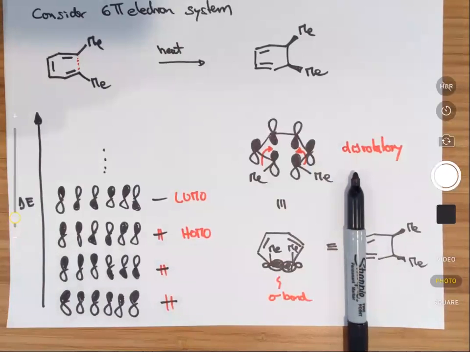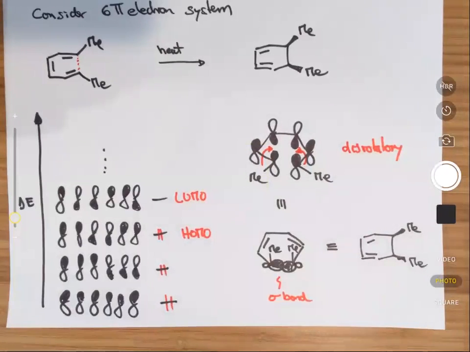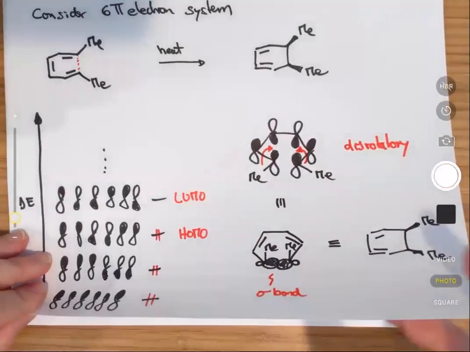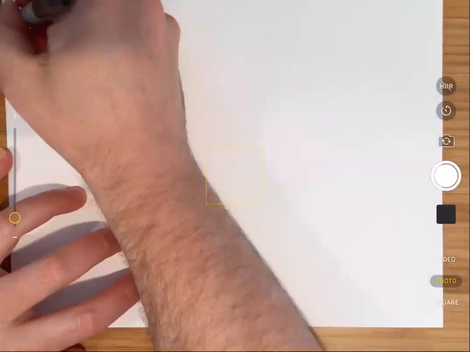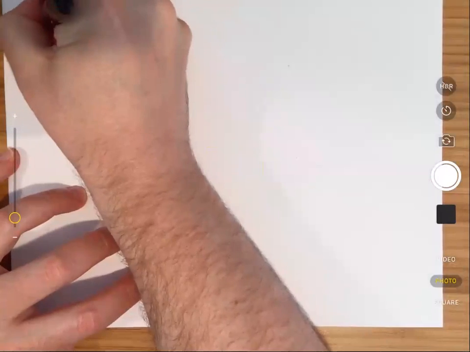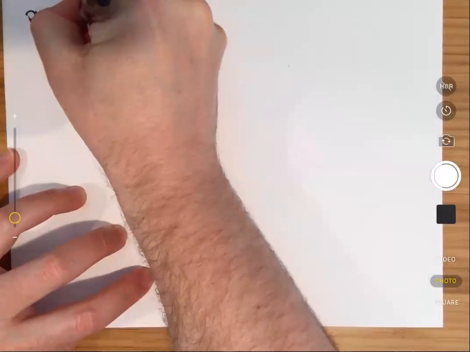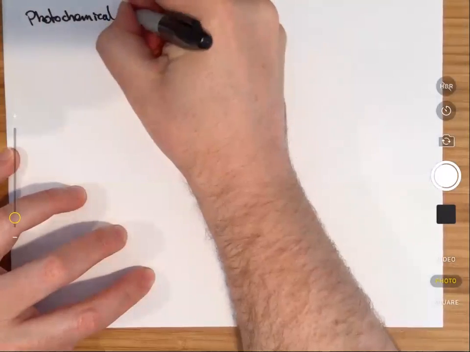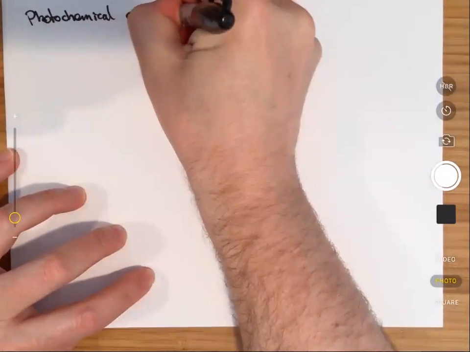Now, those were all reactions so far that were performed under thermodynamic control. So that means that we heated the reaction, and we made sure that the energy is supplied essentially to the ground state of the molecule. Now, the same reactions also proceed under photochemical conditions.